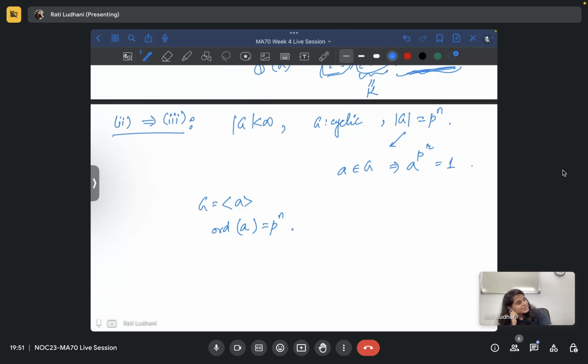By this definition of the cyclic group, it's going to be contained. One thing you are missing, so let me explain one more thing. As he said, all the elements of G will have some order p raised to some power less than or equal to n; the order of any element of G will be some power of p.